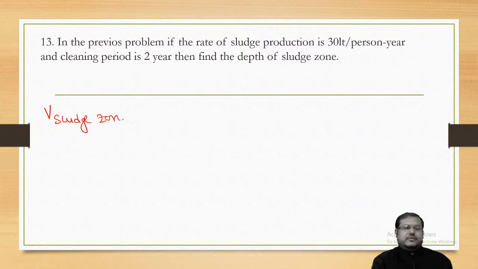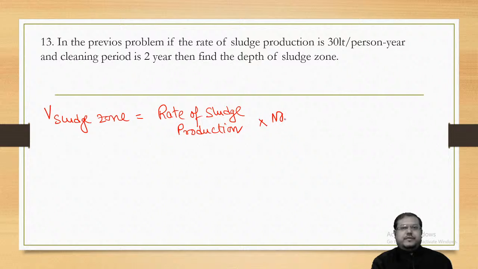The volume of sludge zone will be rate of sludge production into number of users into desludging interval.